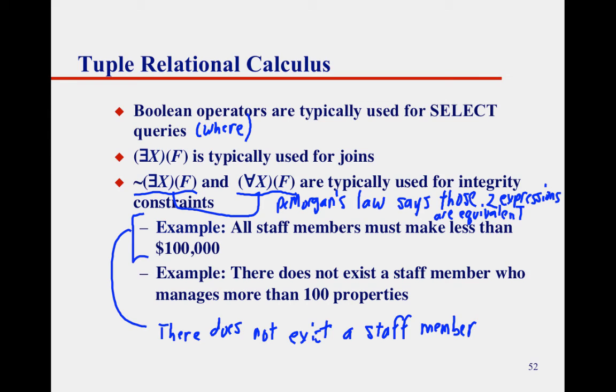What's the opposite? Okay. First one is this one. Who makes more. There does not exist a staff member who makes more. Slightly wrong. Or equal to 100,000. Okay. I left out exactly 100, but you get the point.